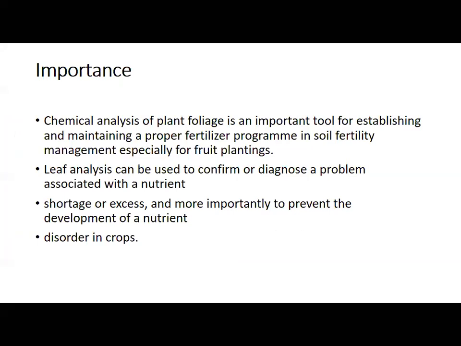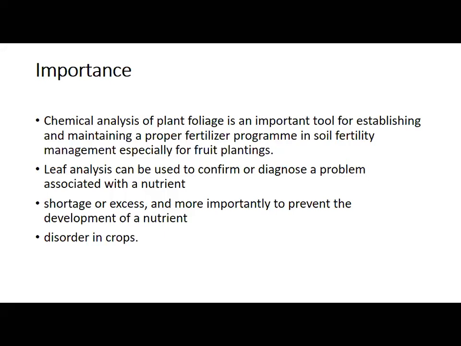Then, what is the importance of undertaking leaf analysis, particularly plant analysis? It is a chemical analysis of plant foliage, an important tool for establishing and maintaining a proper fertilizer program. To undertake a proper fertilizer program means we have to restore the rest of the nutrients which are not available in the soil.